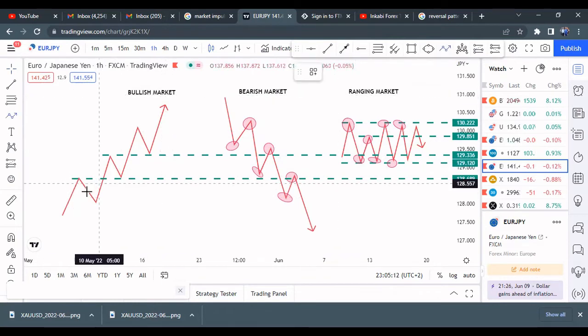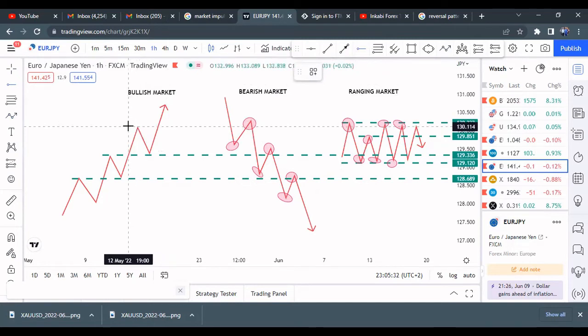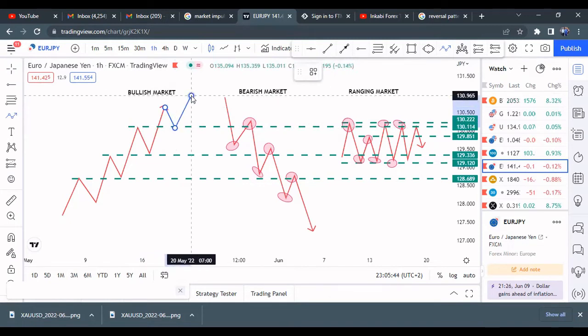Okay, this was a bullish market, and if the price from here decides to do this, right? If there's a continuation of the bullish market, while we're still continuing with buys, we expect the price to come here and then do this, right?